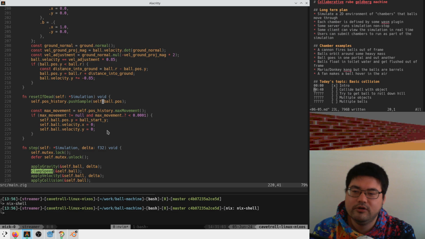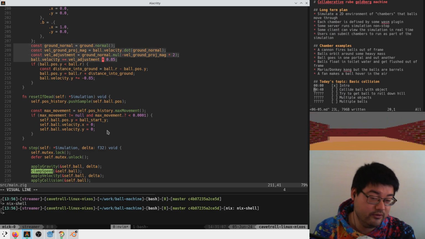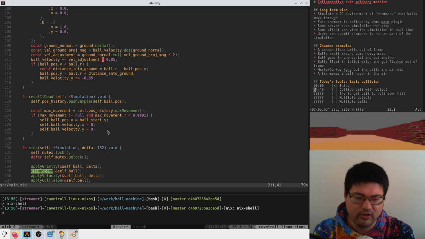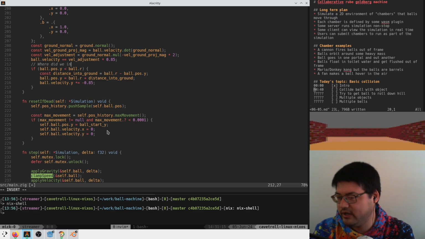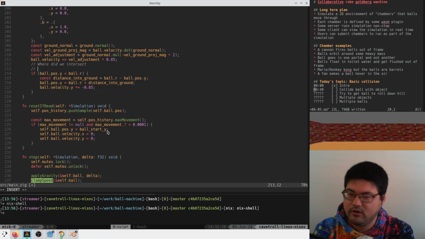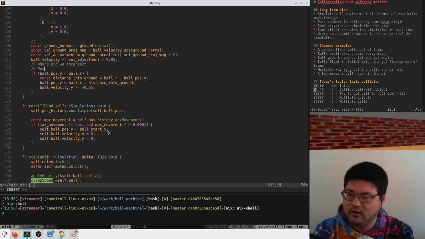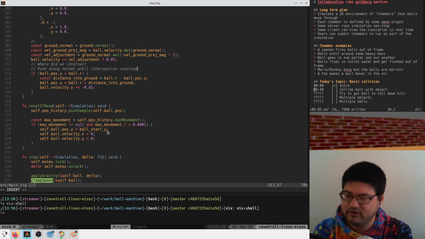Okay. So here we applied velocity adjustment, but we also have to resolve the collision. And so I think we resolve the collision by just looking for where we intersected and pushing along the normal until the intersection is resolved.